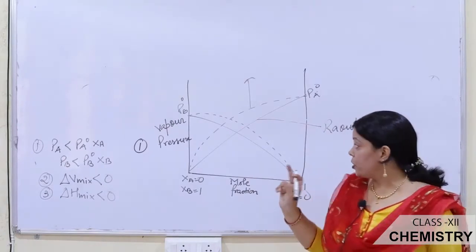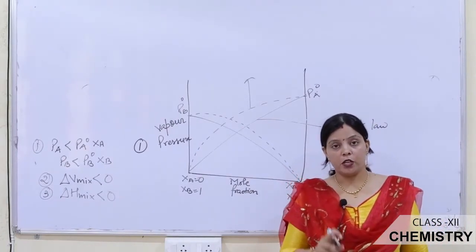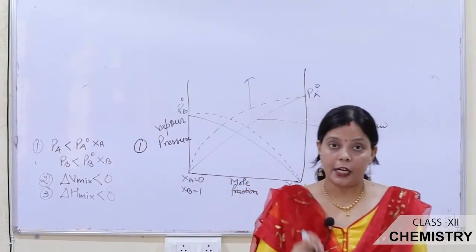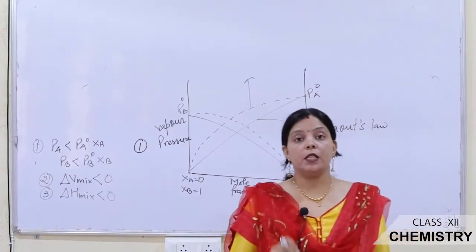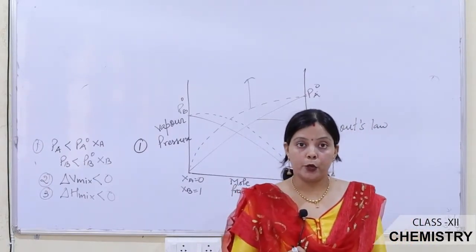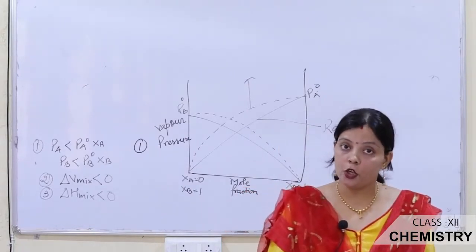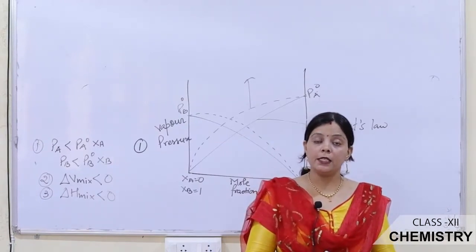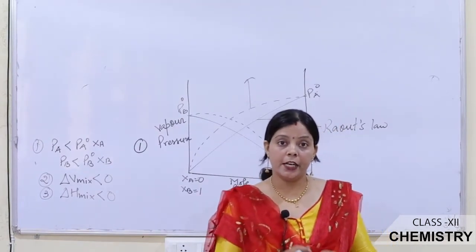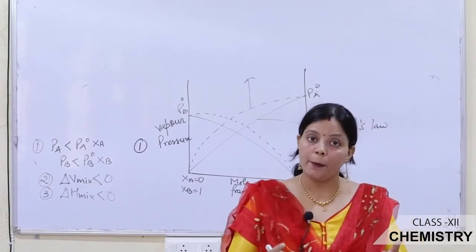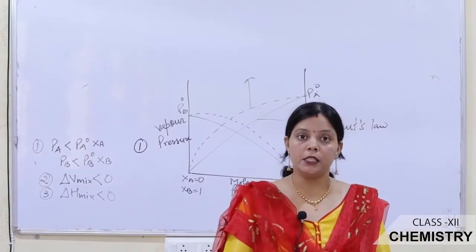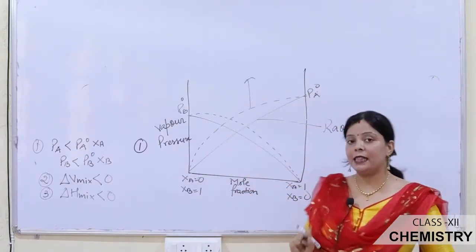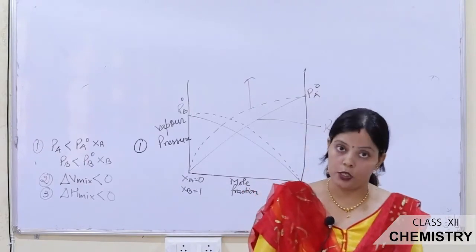In solutions showing positive deviation, weak interactive forces operate between solute and solvent as compared to solute-solute and solvent-solvent. When the interaction between solute and solvent is weak, the molecules have a greater tendency to escape into the vapor form, and so the vapor pressure is more than that expected from Raoult's law.